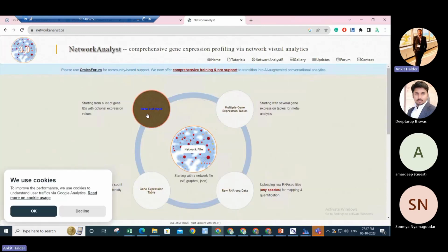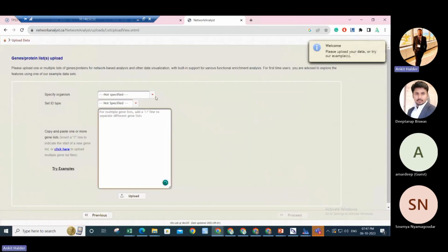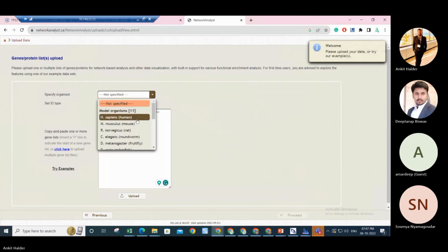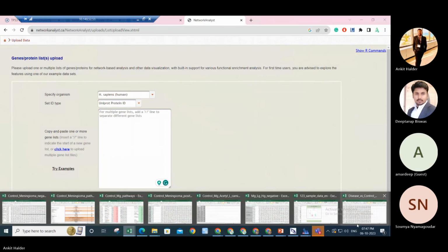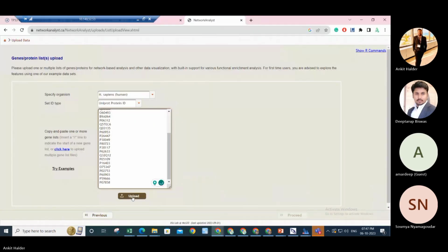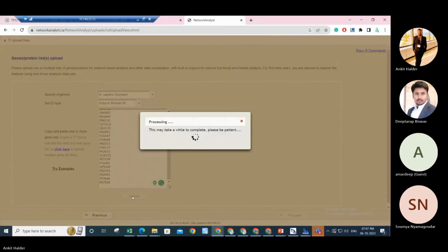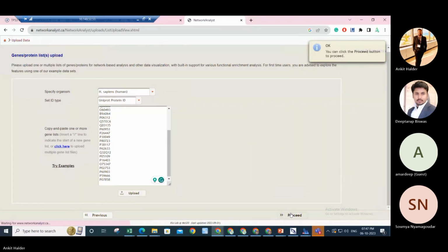Okay, so here you can give multiple gene expression tables or raw RNA-seq data. Specify the organism, so if you give human, the ID type, UniProt protein ID, and then you provide it here.